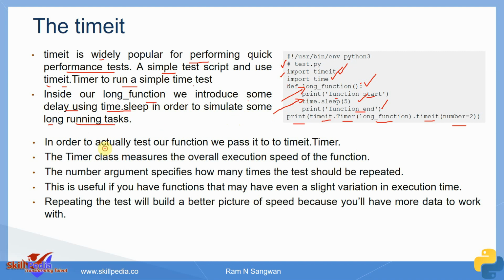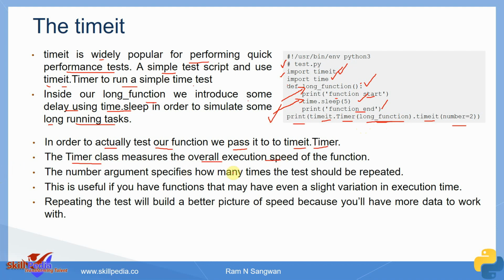In order to actually test our function, we pass it to timeit.Timer. And here we are passing it. We are calling this using a print statement, timeit.Timer, and we are passing the function to this method. The Timer class measures the overall execution speed of the function, how much time your function took during the execution.